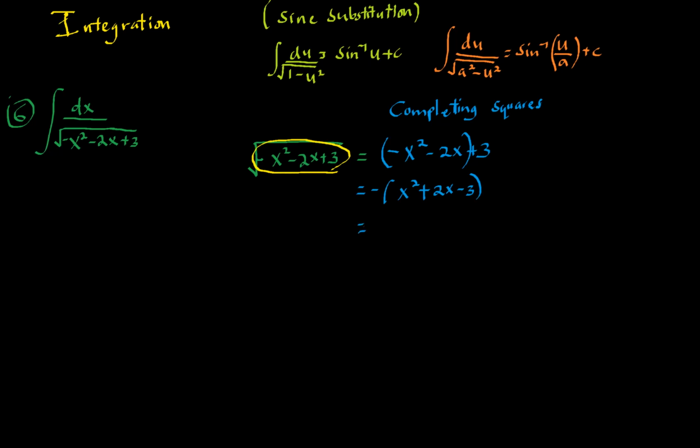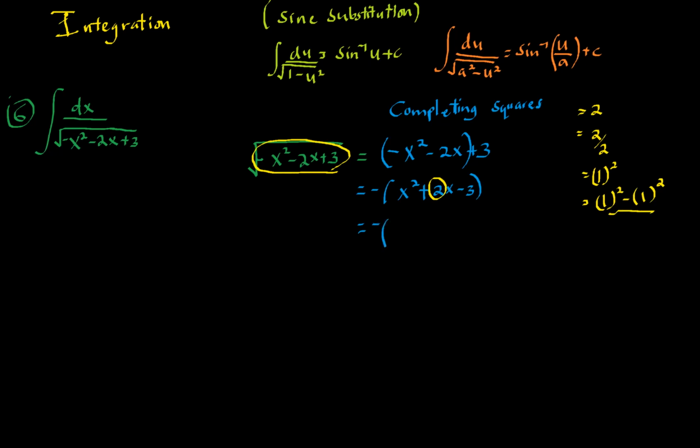At this point, I'll now have to look at the coefficient of x, which is the 2. Remember, take half the coefficient of x. Then the answer you get, square it and subtract it. But this last part has to be done within the equation.